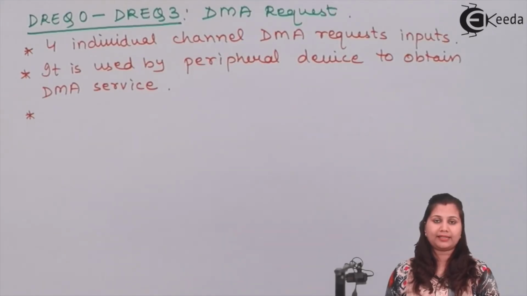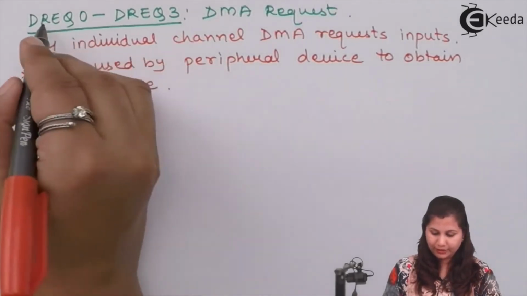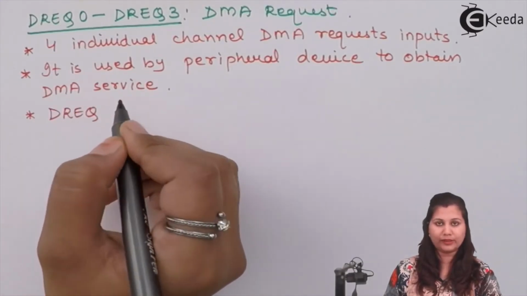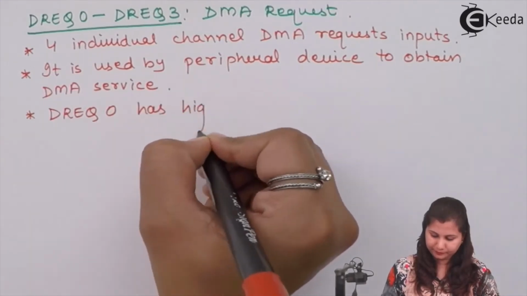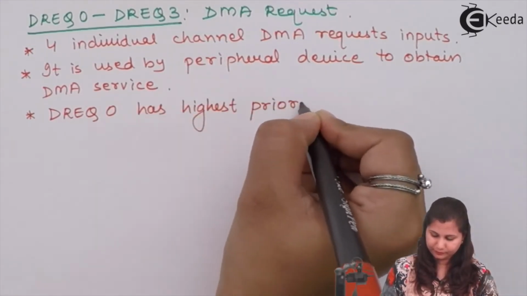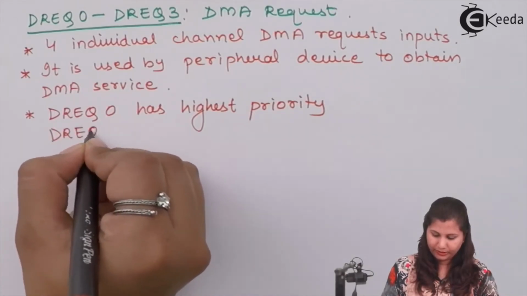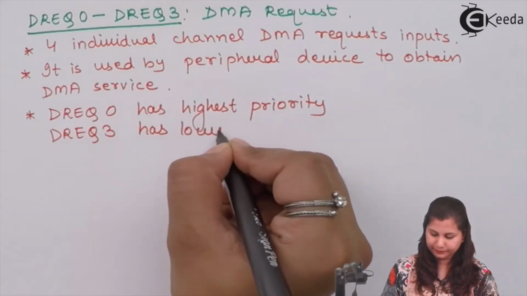That priority is decided by the priority code. In the fixed priority code, DREQ0 has the highest priority, meaning channel 0 has the highest priority, and DREQ3 has the lowest priority.